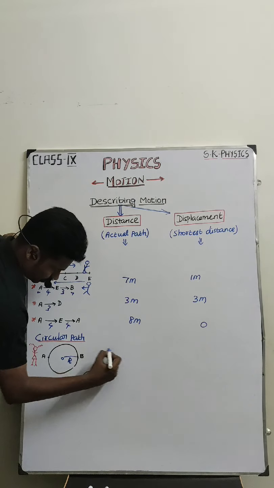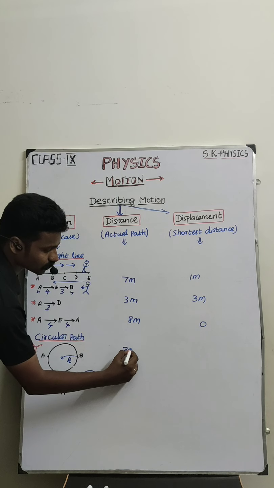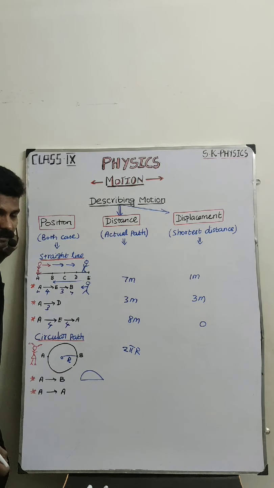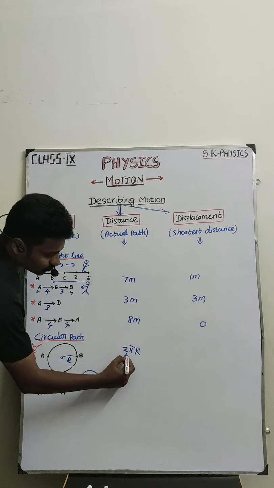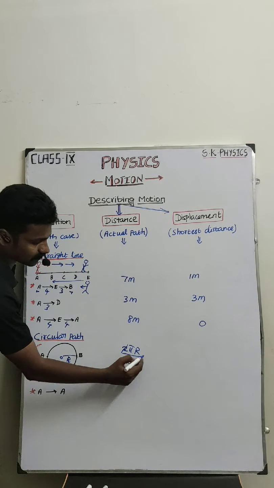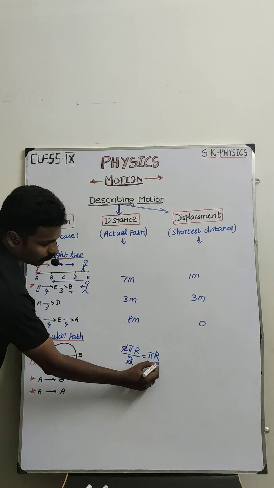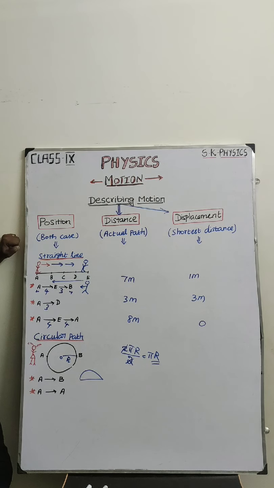In this situation, a full round means 2 pi r, but she covered only half the round, so we divide by 2. The 2 cancels, and that is equal to pi r. So pi r is the distance. Then what about the displacement?